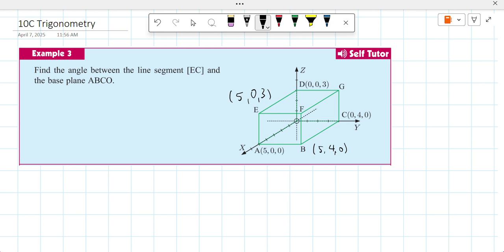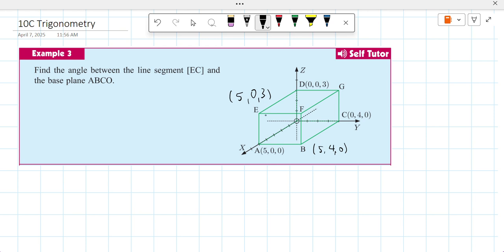Once again, like I said multiple times in classroom, to find the projection of a line segment onto a plane, you need to imagine that you take a ladder from the base point up to the point E, and then imagine that you drop down to the plane and see where you land.